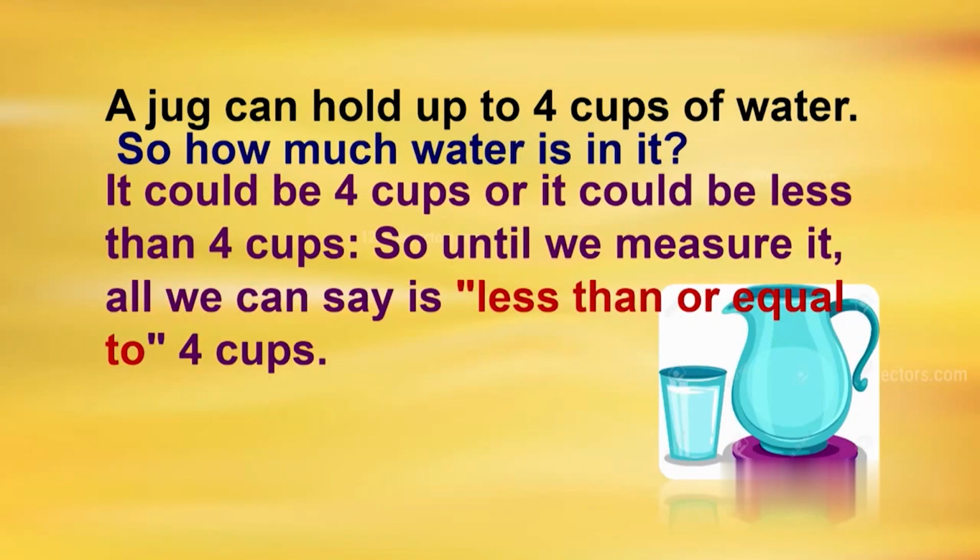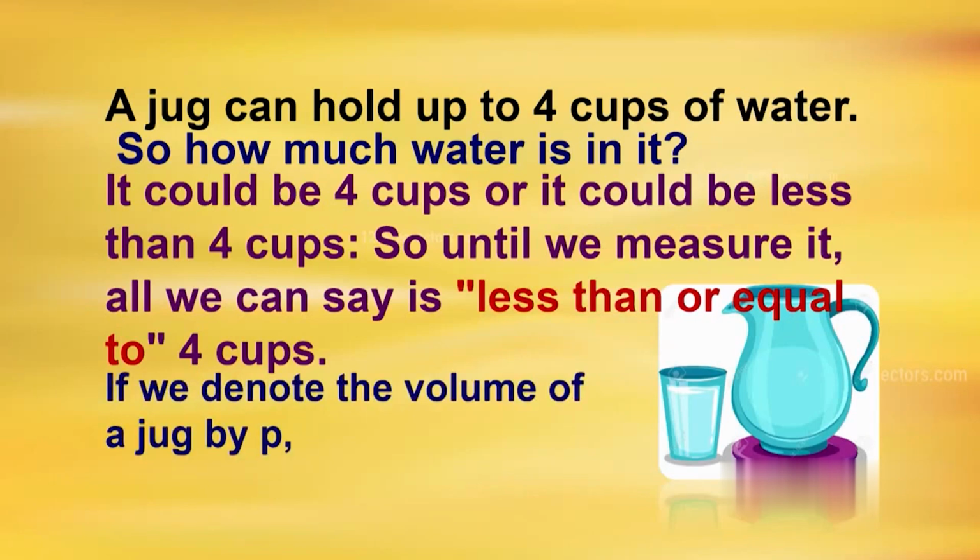It could be 4 cups or it could be less than 4 cups. So until we measure it, all we can say is less than or equal to 4 cups. If we denote the volume of the jug by P, you can build up an inequality. P is less than or equal 4.